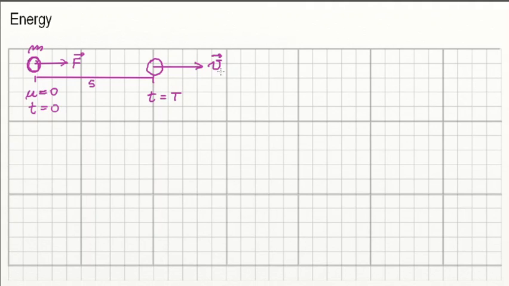Now the first thing that we're going to do here is use Newton's second law. Let's observe that the acceleration can be found by using that formula and rearranging. So if we rearrange, we'll see that the acceleration is force divided by mass.